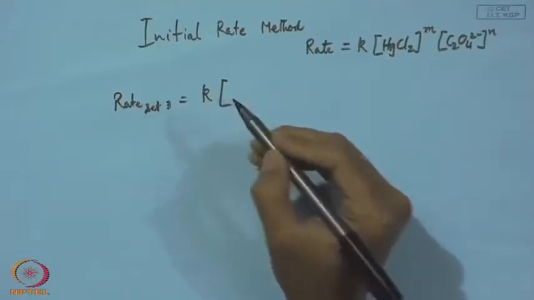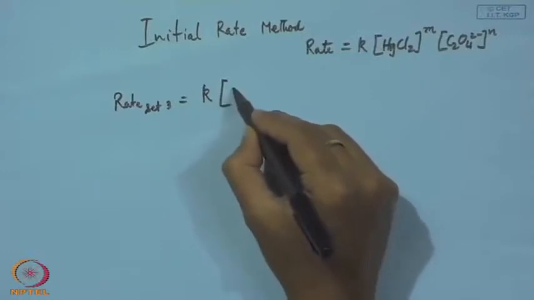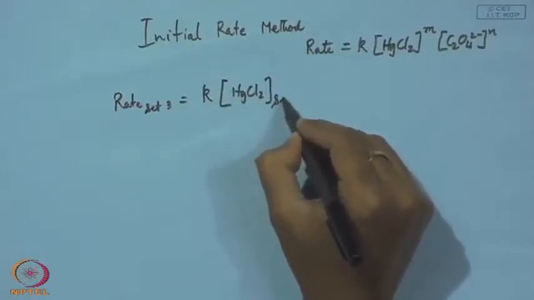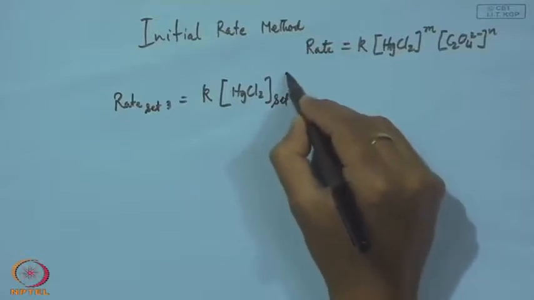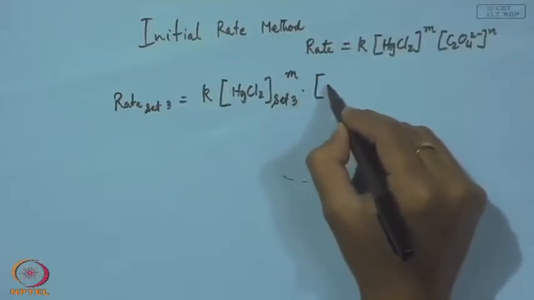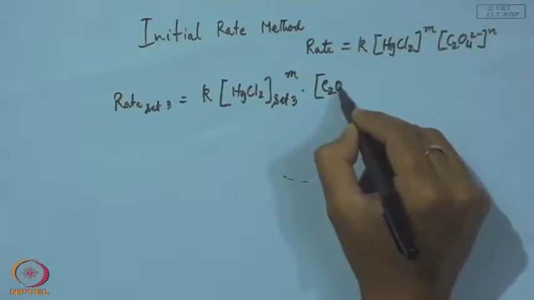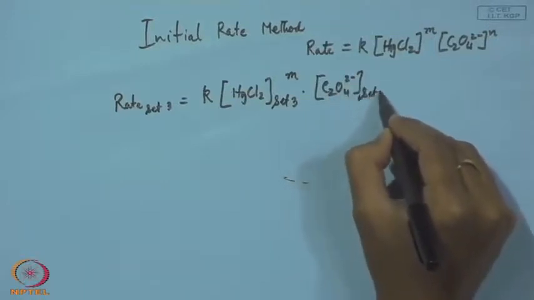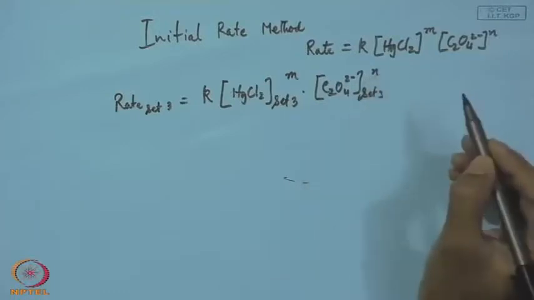So, let us use set 3. For set 3, rate is K into [HgCl2] of set 3 to the power m times [C2O4 2-] of set 3 to the power n.